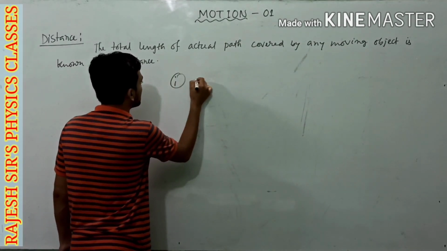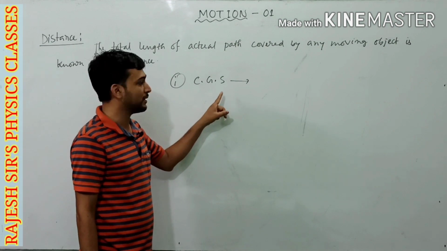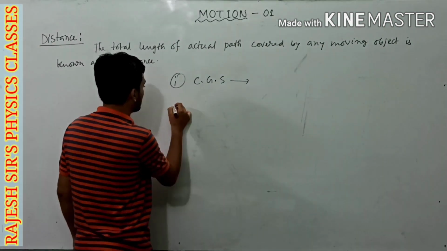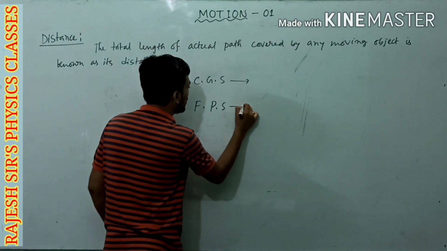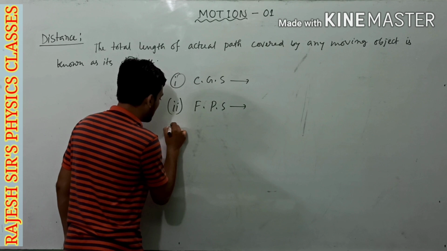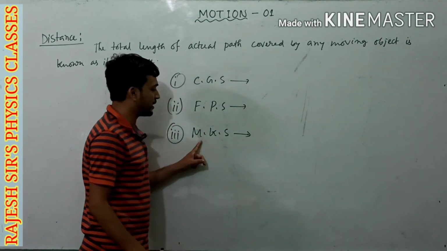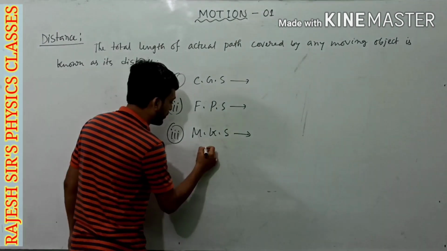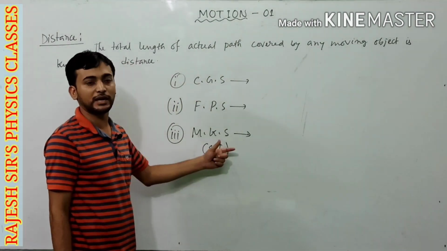First one is CGS, meaning centimeter gram second unit system. Second one is FPS unit system. FPS means foot pound second. Third one is MKS, meter kilogram second, commonly known as SI unit system.